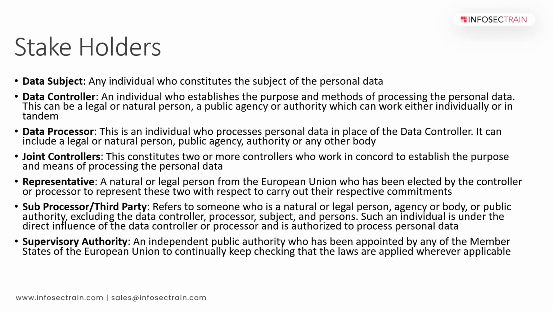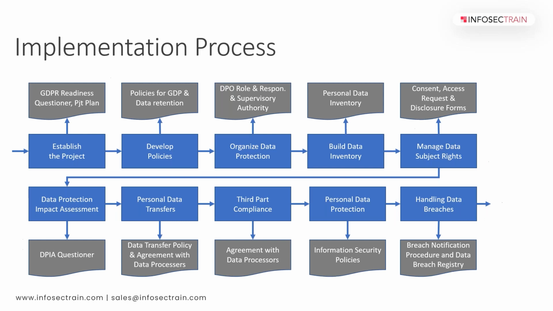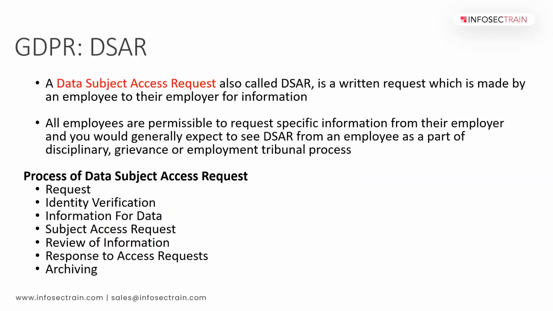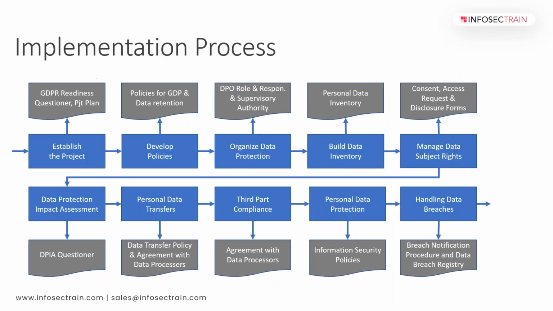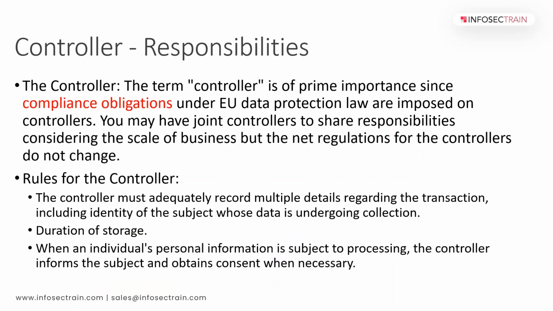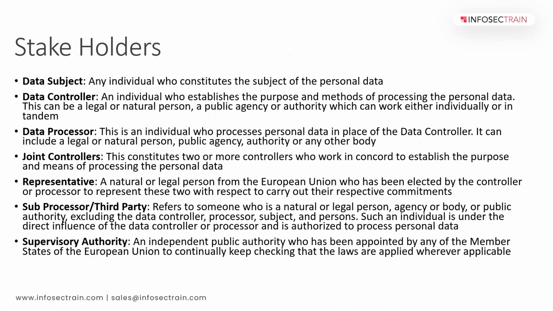They are the public authority, and every member state of the European Union, that is every country in Europe, will have at least one supervisory authority. We have seen that proper flow, right? Here, the supervisory authority is going to have the final say, and will be overseeing everything that is happening. Okay, so that is how we have these stakeholders here.